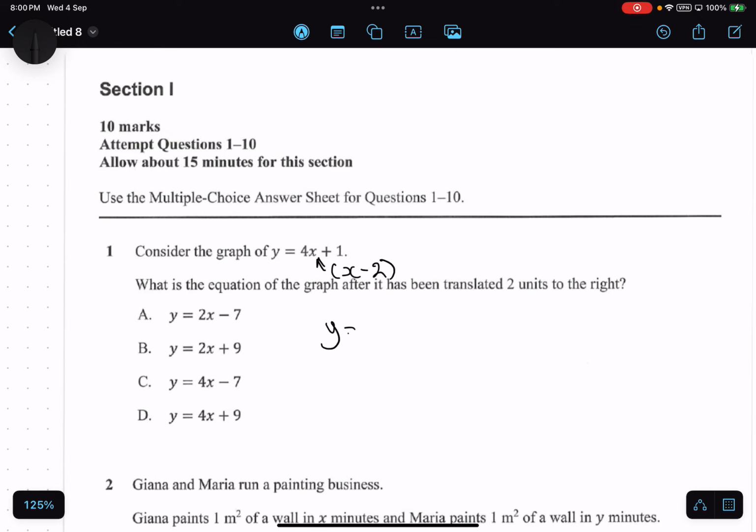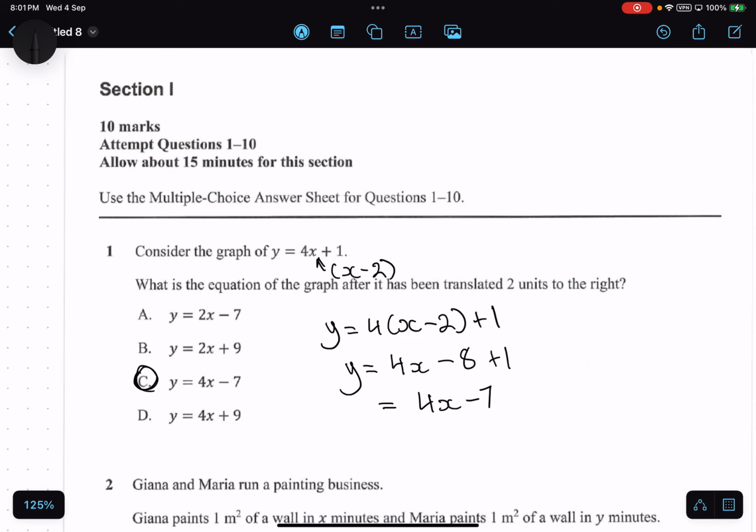So if we did that, we will get this plus 1. All you have to do now is just expand the bracket and you will get your new function or new equation. Plus 1 equals 4x minus 7, and that will give you C as your answer.